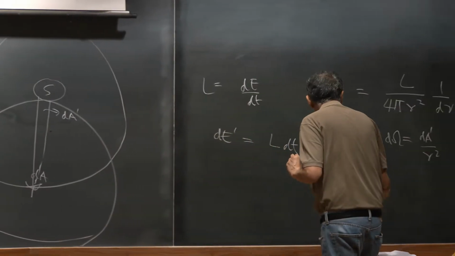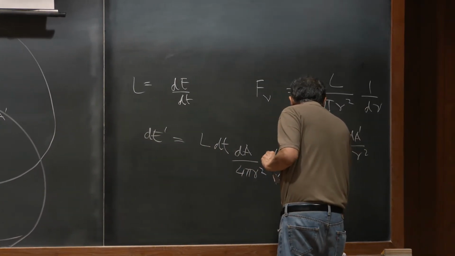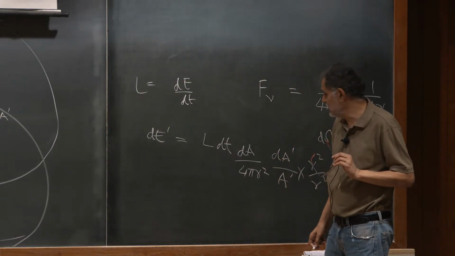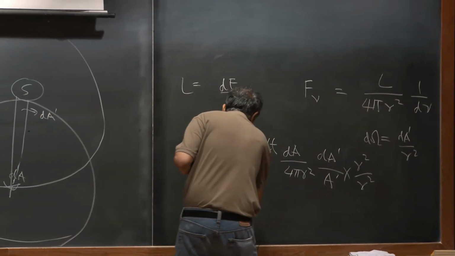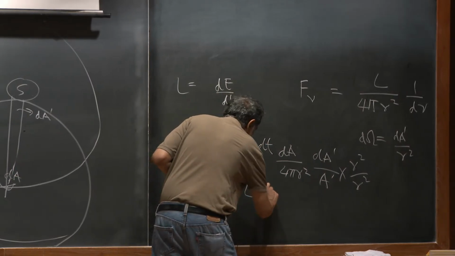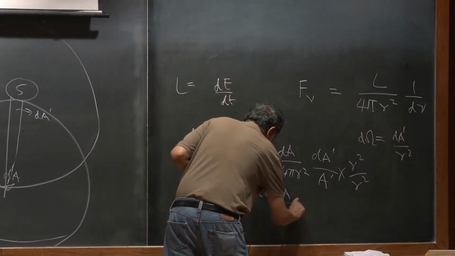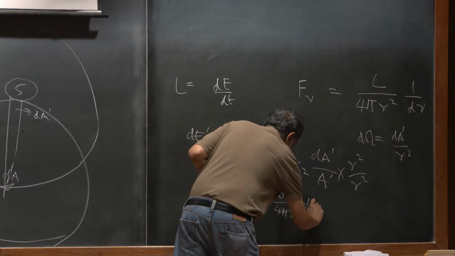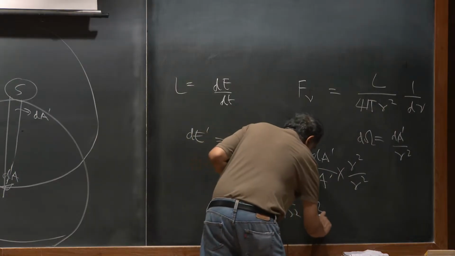So, let me do a bit of jugglery, multiply r square here, multiply r square here, right? What does it give us? L dt dA over 4 pi r square, d omega by A prime.